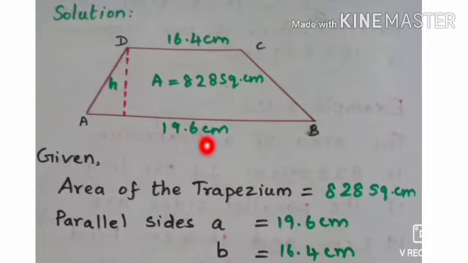So 19.6 and 16.4 are the values of the parallel sides, and then we have to write the values given. Area of the trapezium is 828 square centimeter. Parallel sides are A equal to 19.6 centimeter and B equal to 16.4 centimeter. Now our aim is to find the distance between the parallel sides, that is the height of the trapezium, H.